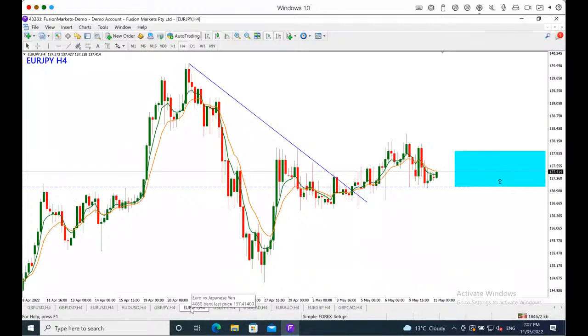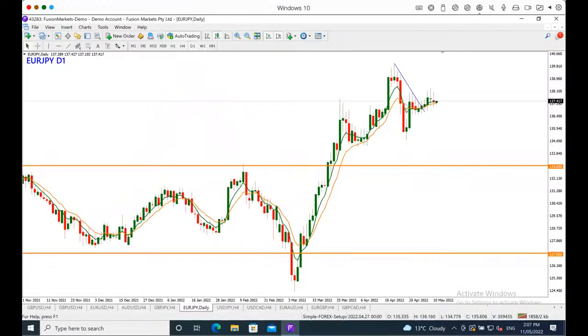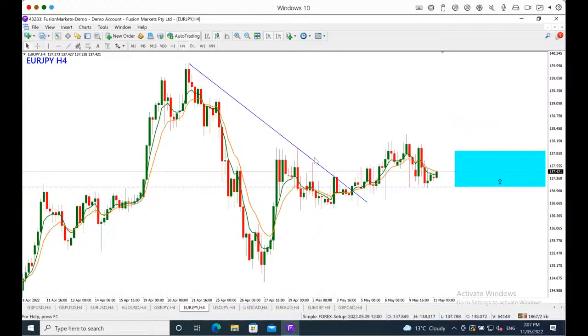Next currency pair I'm looking at is EURJPY. EURJPY, I'm looking for long. At the moment, we have had a little bit of price action just pop below, but come back above, and it looks like it is continuing. So here, sideways movement also means indecision.